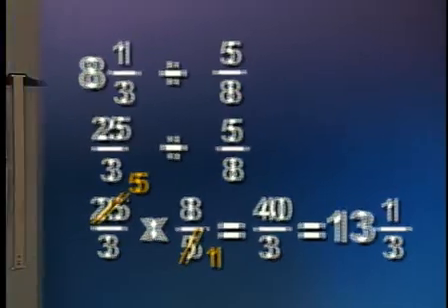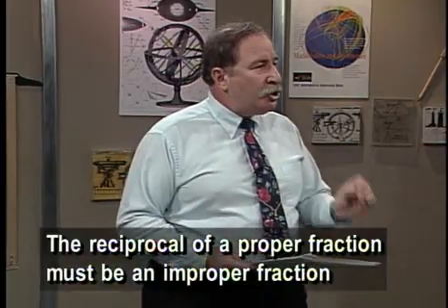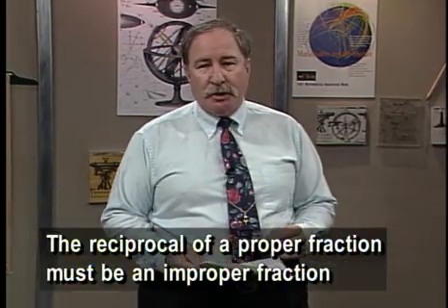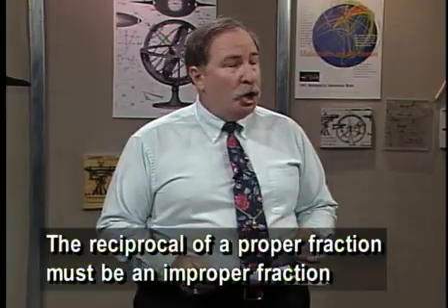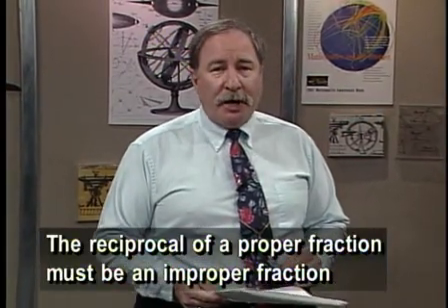When we divide by a proper fraction, that is the same as multiplying by its reciprocal. The reciprocal of a proper fraction must be an improper fraction. Let me say that again. The reciprocal of a proper fraction must be an improper fraction because the proper fraction has a larger denominator than numerator. When I flip it over to get the reciprocal, the larger number is now in the numerator, so it's improper.